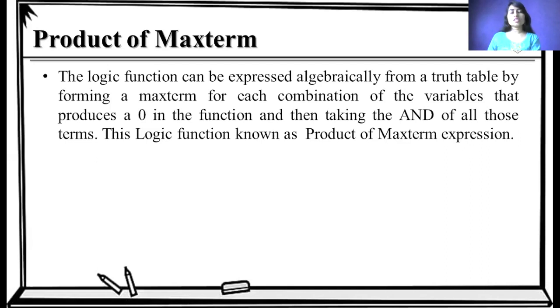So here we consider input combinations which produce 0 for the output condition, and then take the AND of all those terms, that means product. This logic function is known as a product of max term expression.